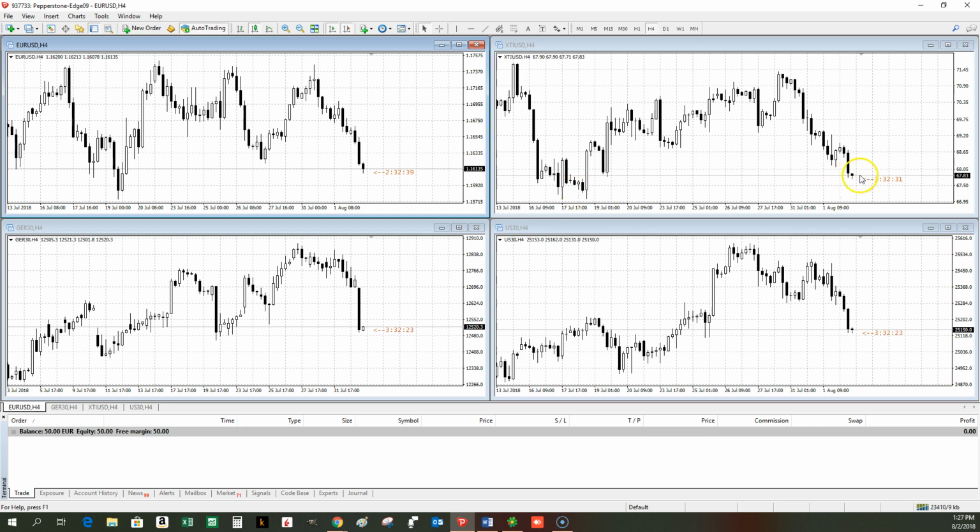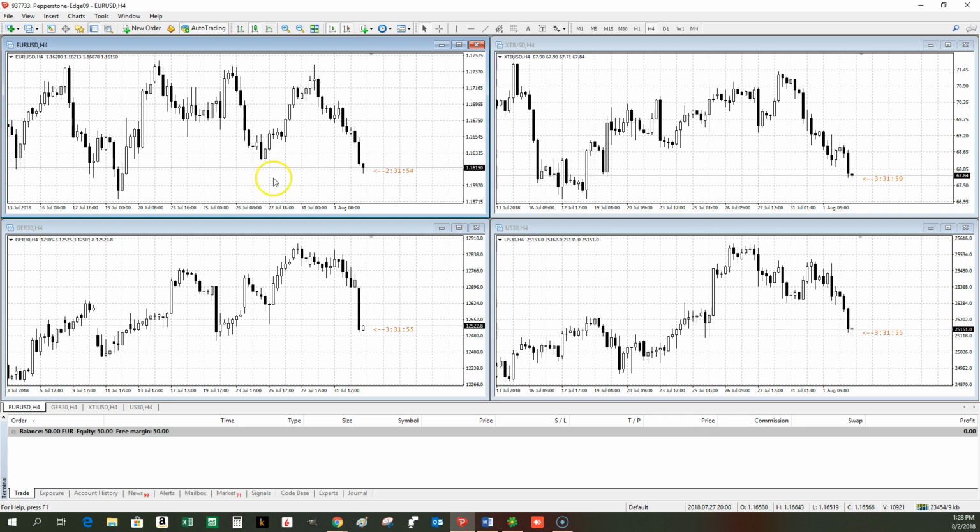Probably in a few hours, we're going to have a correction and technical rebound on these assets. But let's go to the 1 minute chart because we want to trade on scalping, and we want to show a very nice strategy, which is called the average up and average down strategy.